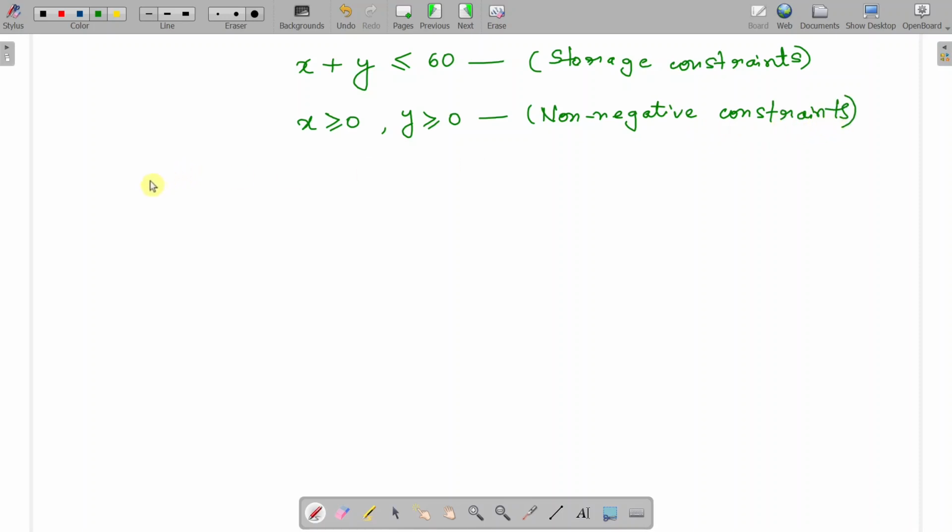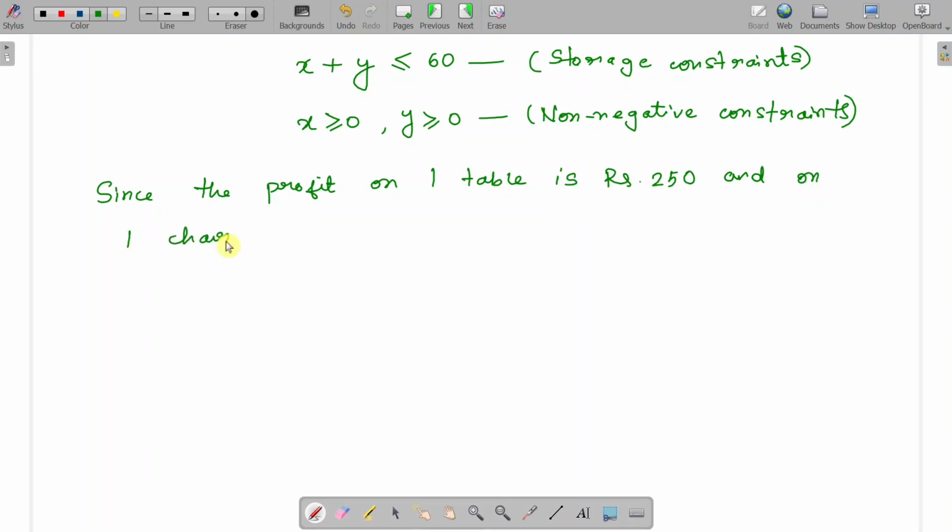Okay. Now he has estimated the profit, right? So since the profit on one table is rupees 250 and on one chair is rupees 75, therefore we have to maximize this profit.